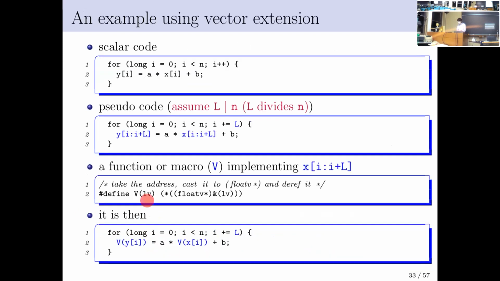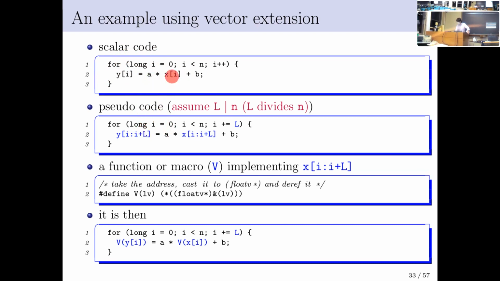Okay. So here's a small example using a vector extension. Let's say you want to vectorize this loop, the same loop we discussed before. By the way, this code can be vectorized by any compiler, but let's say you want to do it manually. Then first you want to convert it into pseudocode like this.